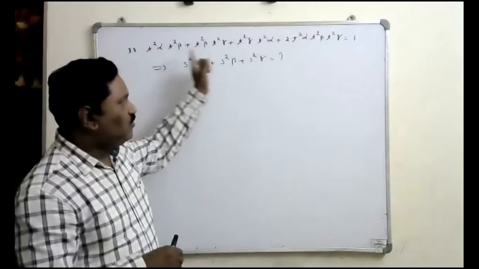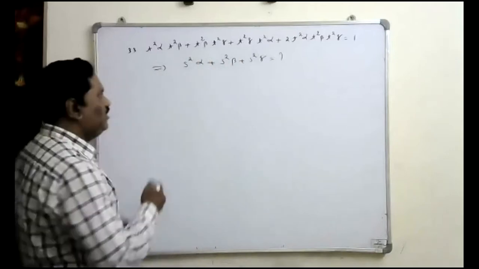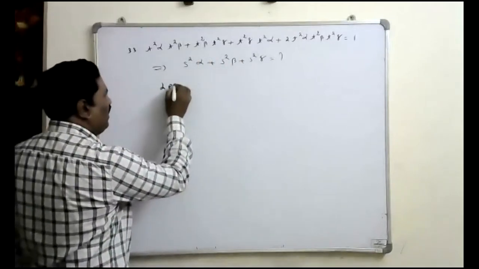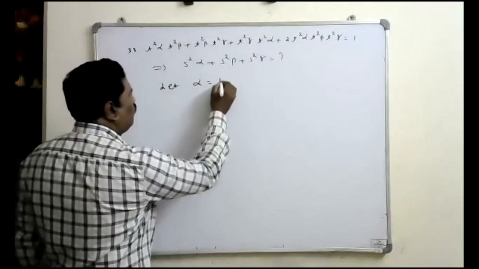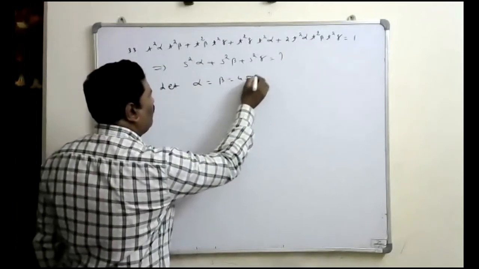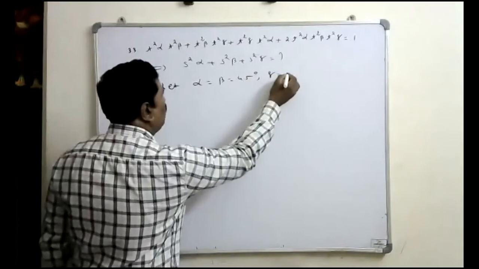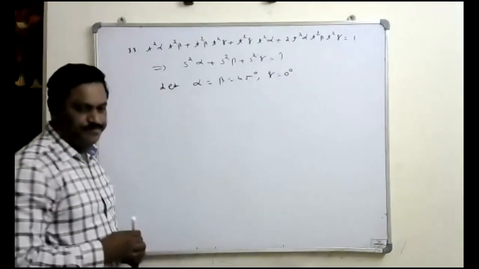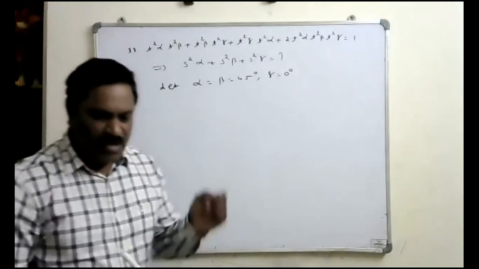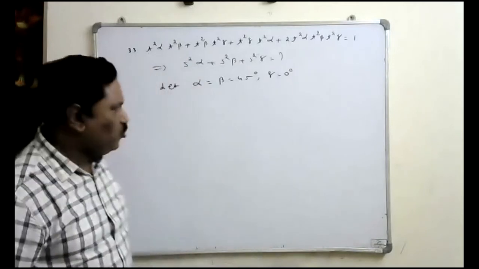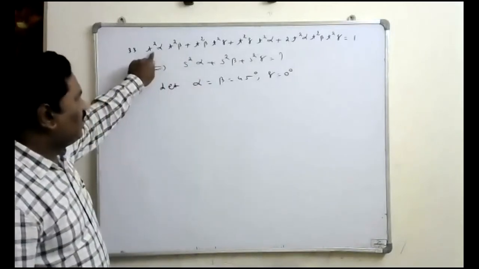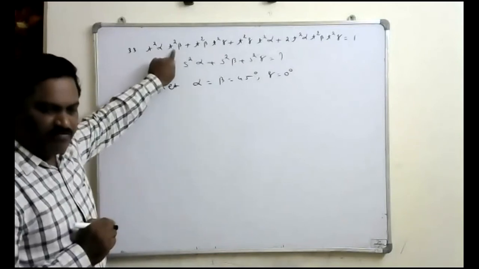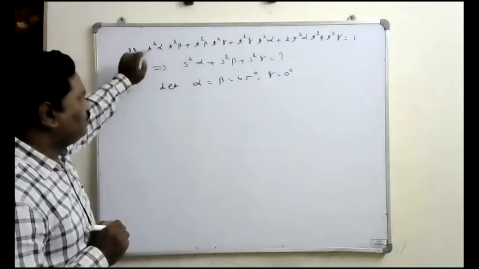Okay. Suppose I take alpha is equal to beta is equal to 45 degrees and gamma is equal to 0 degrees. Substitute there. Tan 45 is 1, which means this term is 1.